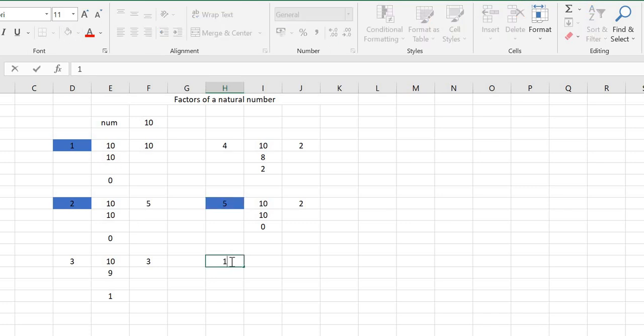Let me check it for 6 now. For how long are we going to iterate?